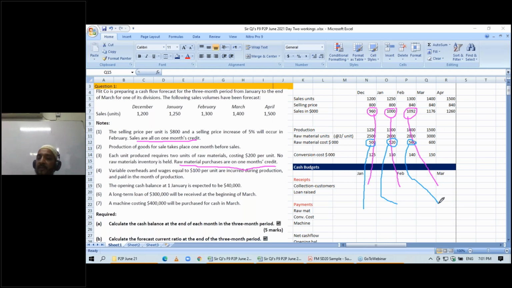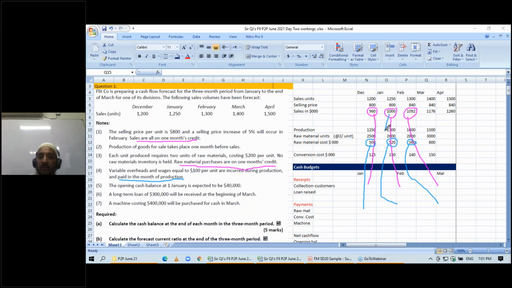So in the first step, I calculated all the costs in December, January, February, March, and April, all the possible items, and then I have to find out when the payment or the receipt will occur. So the receipts and payments both are on 1 month credit, so they are occurring 1 month ahead. But the conversion cost, as per the question, is paid in the month of production.